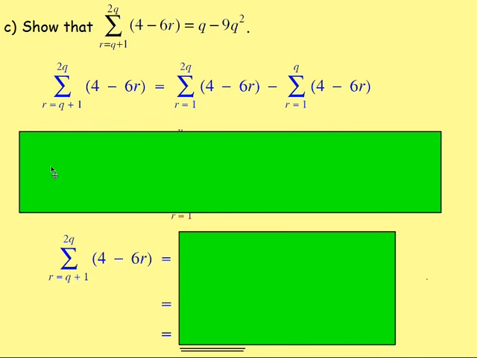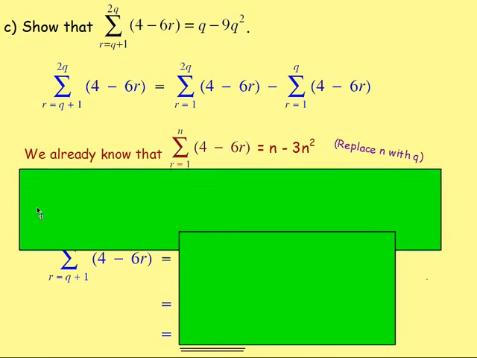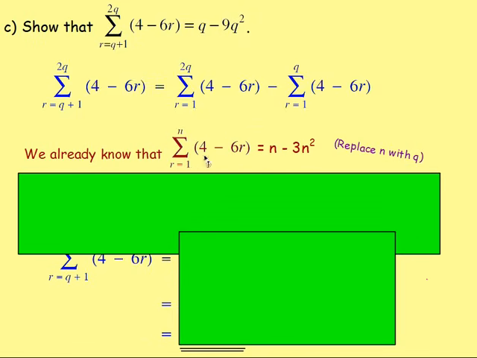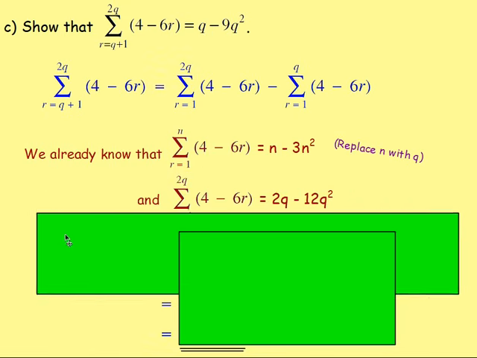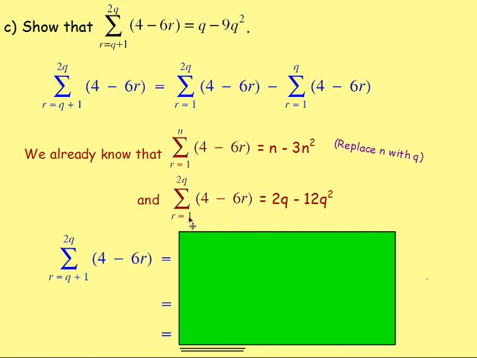We already know from part A that the sum going from r equals 1 up to n of the 4 take away 6r is n take away 3n squared, and we would have to replace n with q in here. And the sum going from 1 to 2q, we worked out in the last part: that was 2q take away 12q squared.